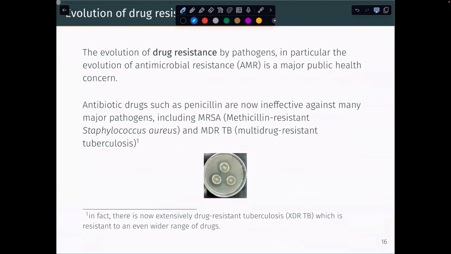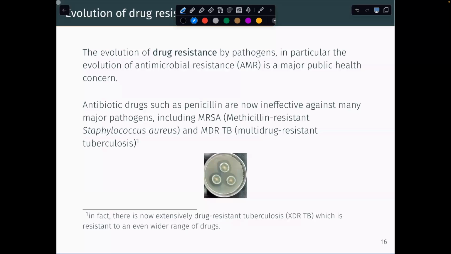So I mentioned this idea of drug resistance. This is a big problem, in particular the evolution of antimicrobial resistance. You'll probably have heard of pathogens like MRSA, which is methicillin-resistant Staph aureus. Staph aureus is just a regular pathogen, and MRSA is a particular problem in hospitals, so it's resistant to this particular type of antibiotic.